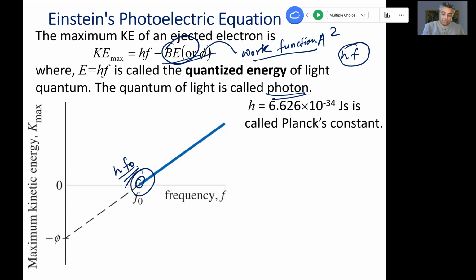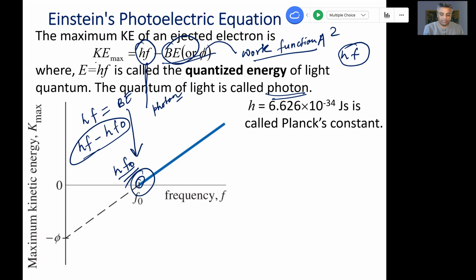And what happens if the energy now, this hf, that means that's the energy of the photon, right? So it's when hf is equal to the binding energy, which is hf0, a certain value of that. If they are equal, then what's going to happen?